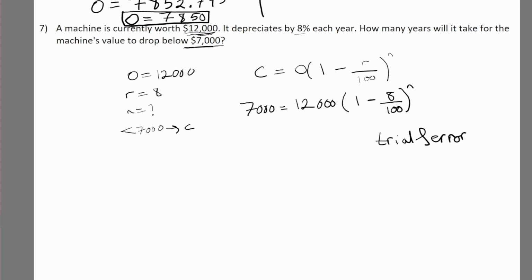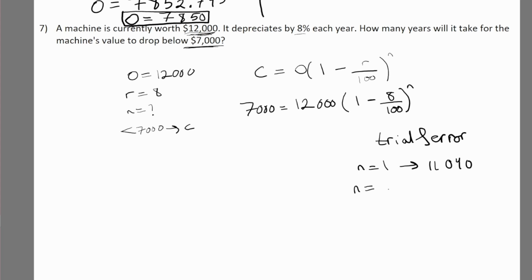All right, so we're going to try N is equal to 1 at first and see if the value of the machine drops below 7,000. When N is equal to 1, the value will be 11,040. Okay.